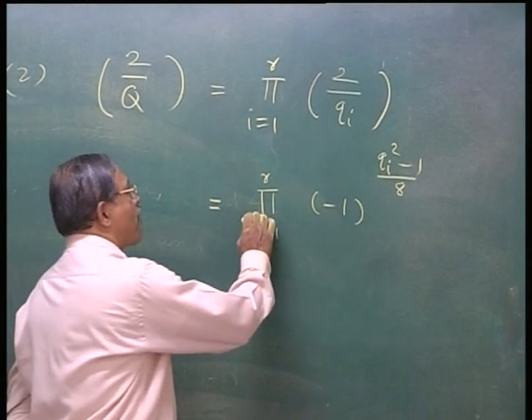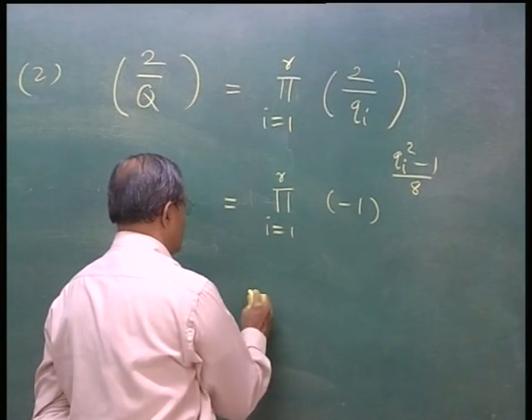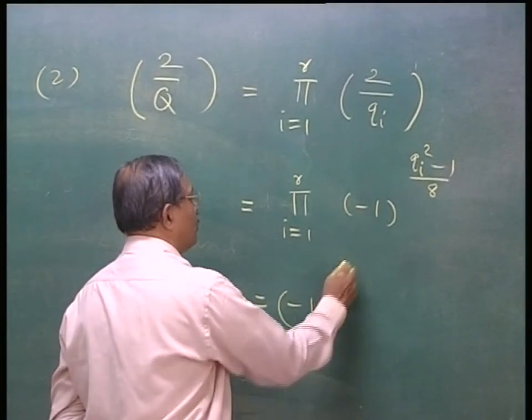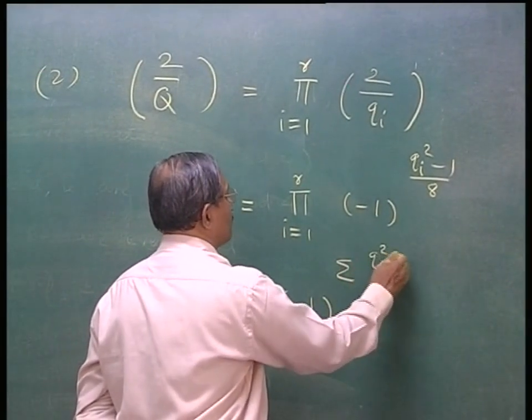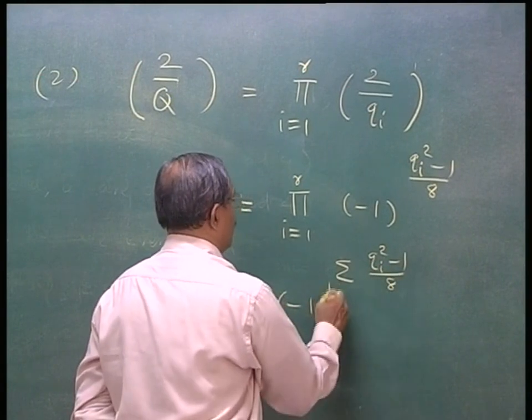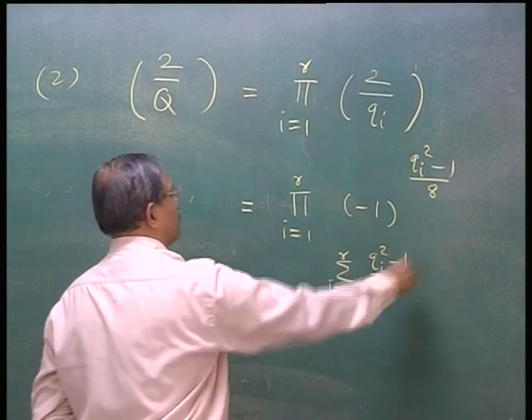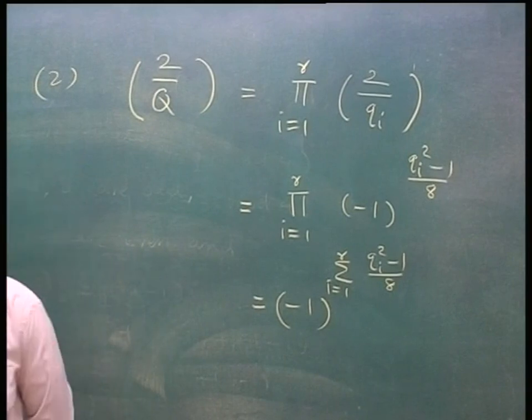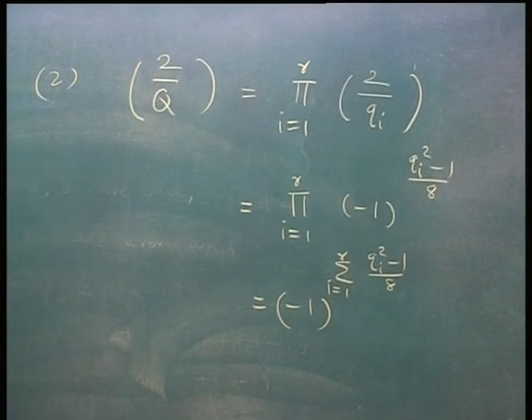Now this is the product, so minus 1 raised to the sum of all such things is equal to minus 1 raised to the summation of (Qi square minus 1)/8, i equal to 1 to r. This is the power of minus 1. What do you want to show now?